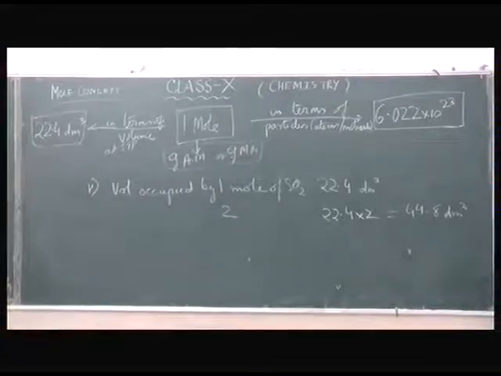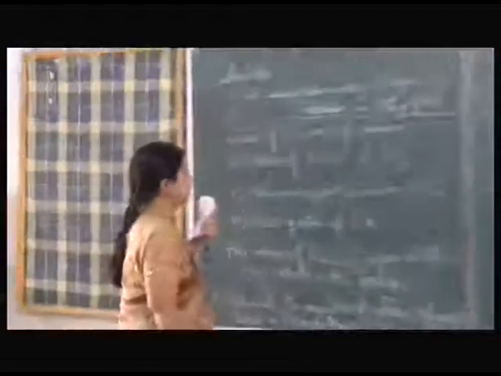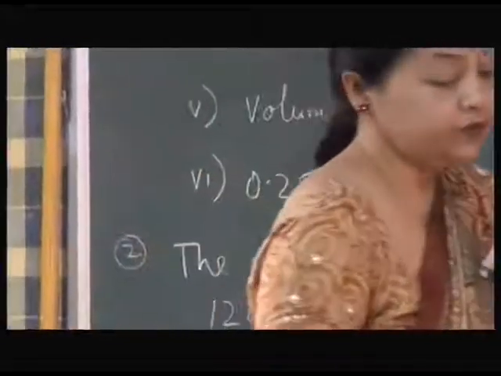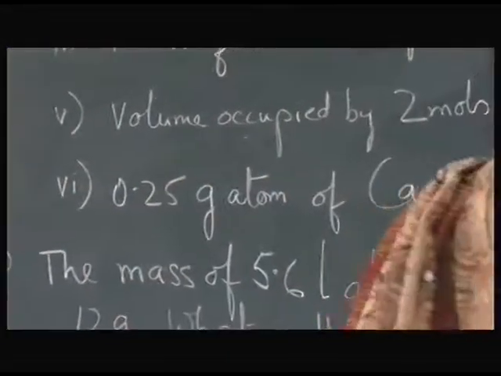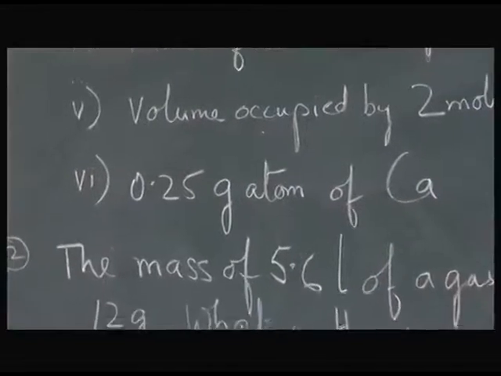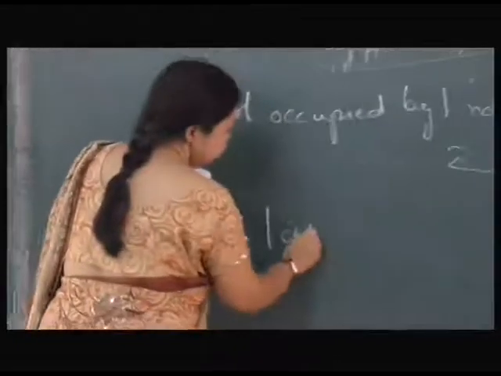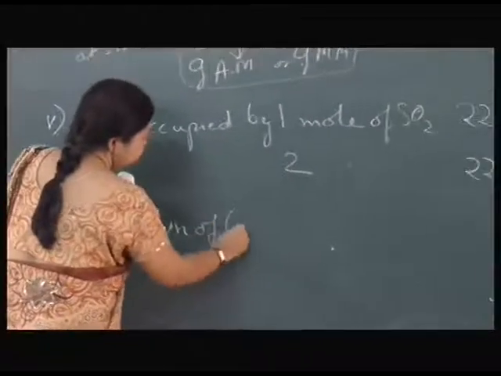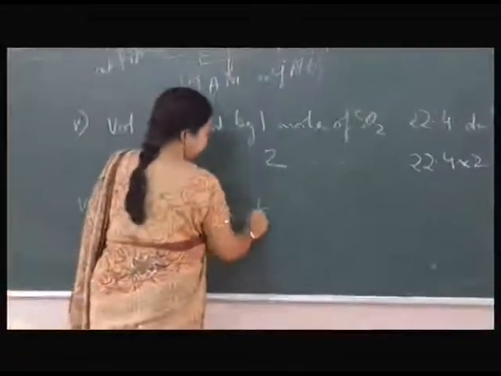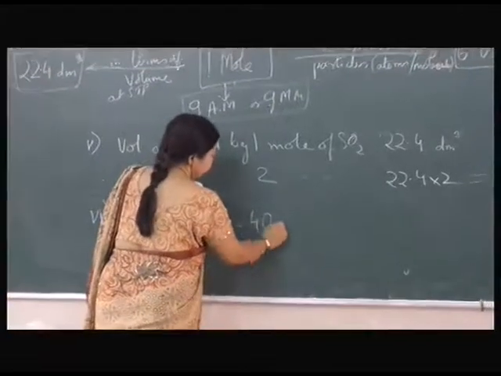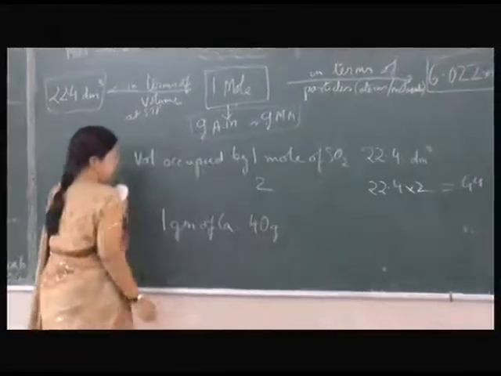Now see, 0.25 gram atoms of calcium. 1 gram atom of calcium weighs how much? 40 grams. These will be given to you, provided. You don't have to learn up the masses.